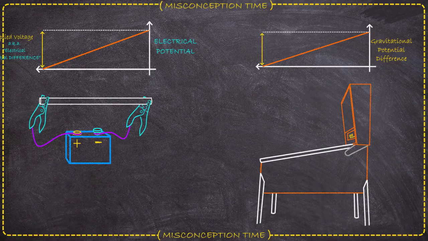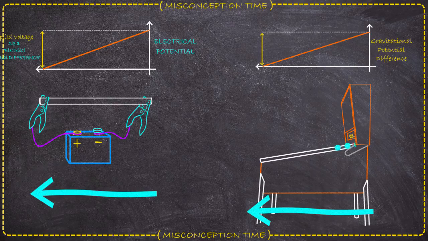In both a pinball machine and an electrical wire, one end is being held at a different potential energy than the other. All that's different is the specific type of potential energy. And in both cases, this gradient results in a force. Our pinballs accelerate downhill, pushed by gravity and the tilt, just like our electrons are accelerated and pushed by the electric field that arises when we apply the voltage.